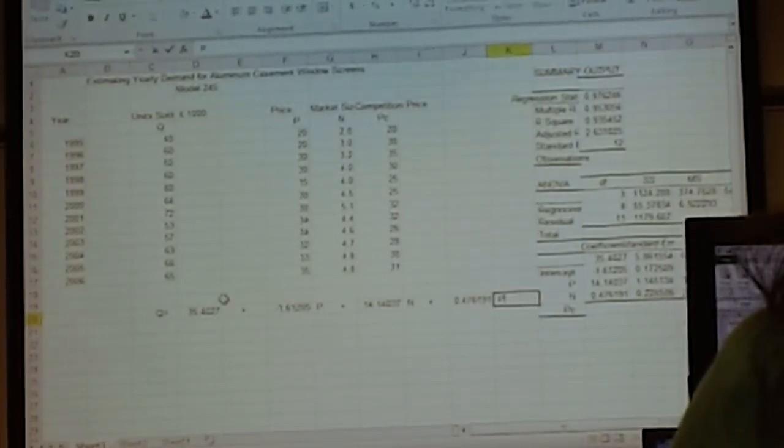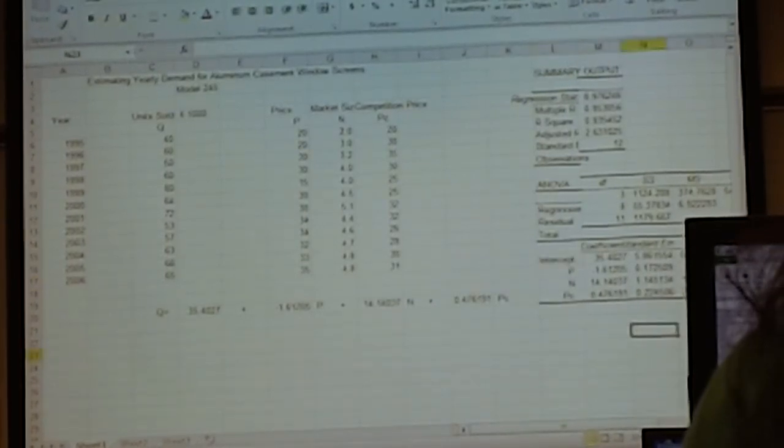The last one is this one, the competitive price, PC. So there's our equation for forecasting purposes.